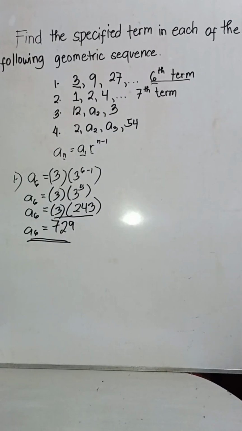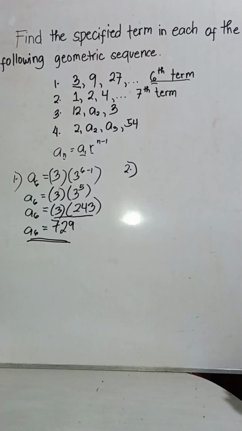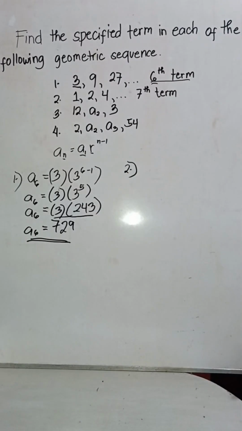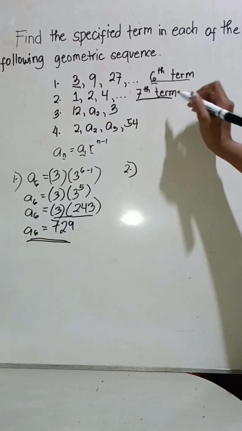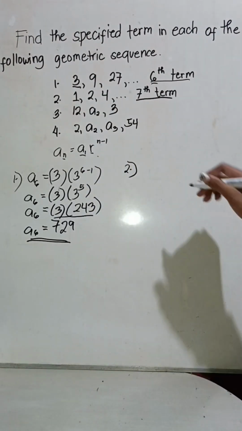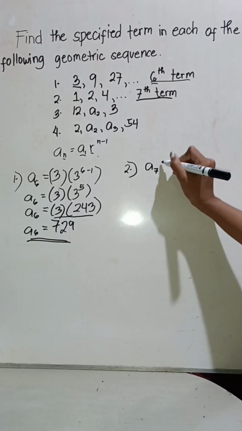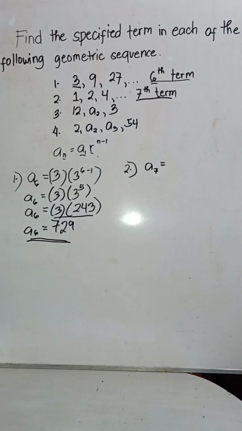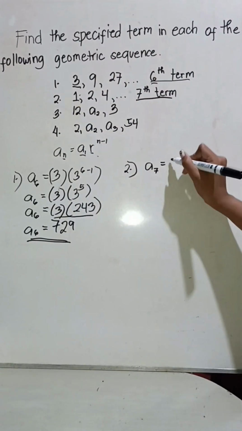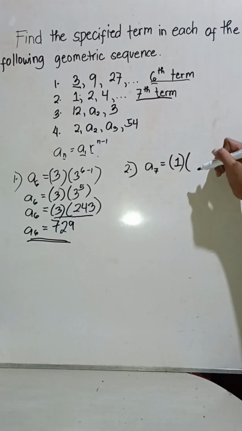So now, let us proceed to number 2. We have the geometric sequence 1, 2, 4, and we're going to find the 7th term. Using the same formula, we have a sub 7, because we are finding the 7th term. Our a sub 1, or the first term, is 1, times r.